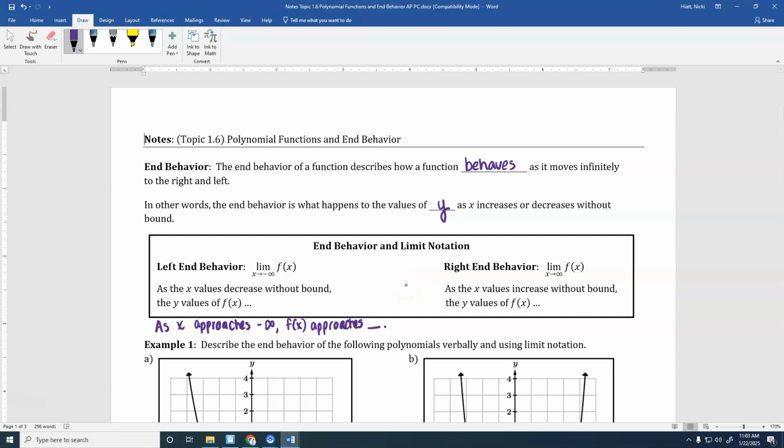Same thing over here for right behavior. You'll notice that it's positive infinity instead of negative infinity, and x values increase without bound over here. This would be the same as saying as x approaches positive infinity, f of x approaches blank, whatever it is.